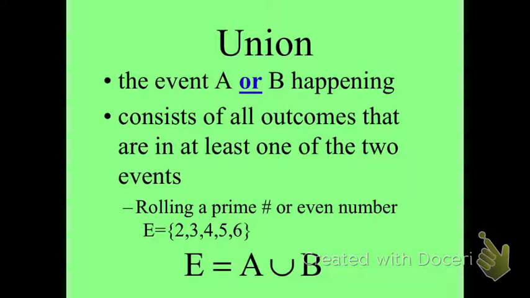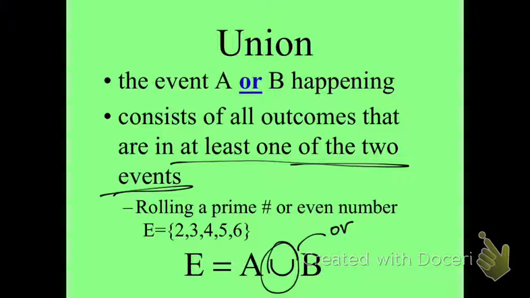The notation for union is this U, which means A or B. You have some that overlap. For instance, 2 is a prime and even number, but I only list it once. I'm not going to put 2 and then 2 again. Just list it one time.